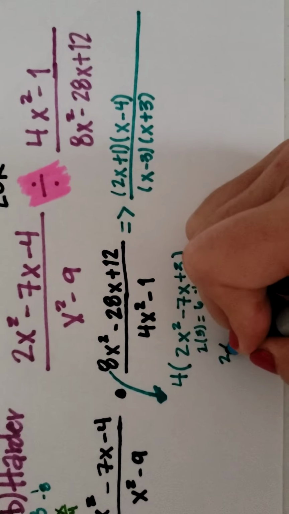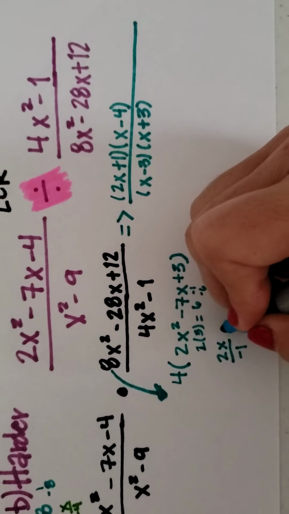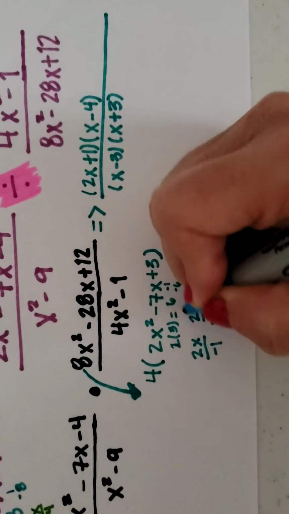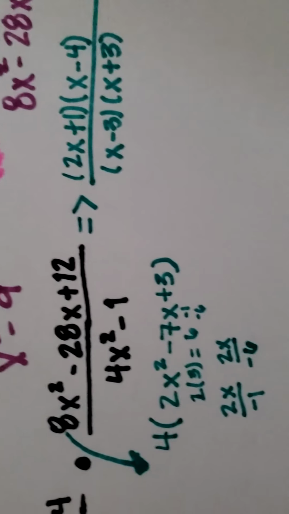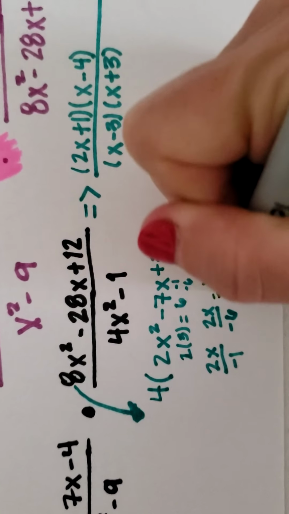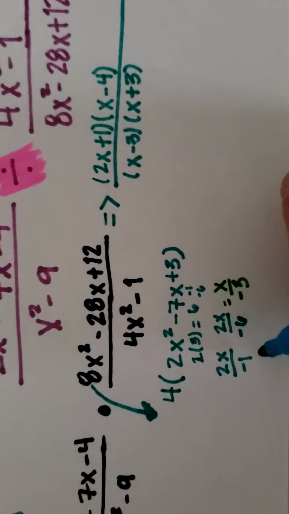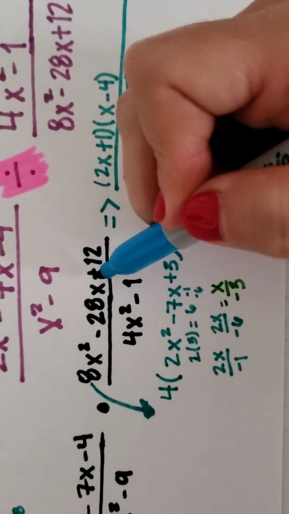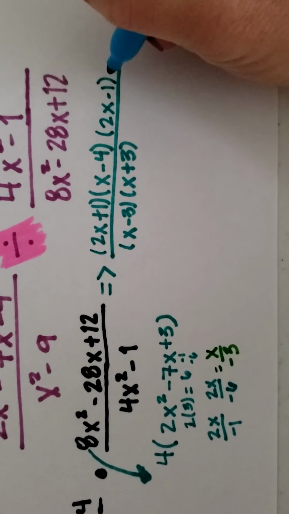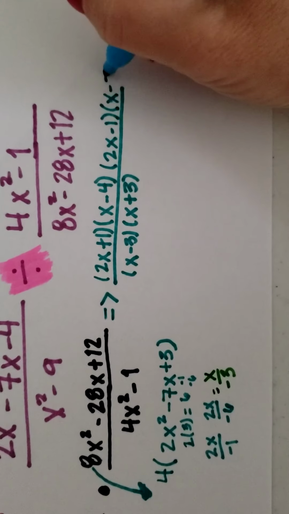Okay, so your AX value over your first factor, and then your AX value over the second factor, and we know this 2x over negative 6 is going to reduce. So take a look. 2x over negative 6 is going to reduce to give me x over negative 3. All right, so the factors that we have of the numerator now are 2x minus 1 and x minus 3.